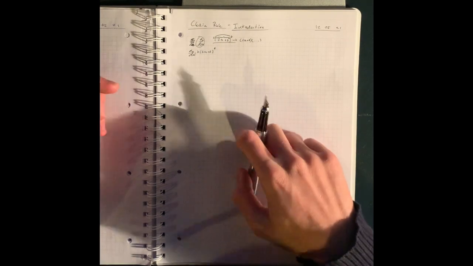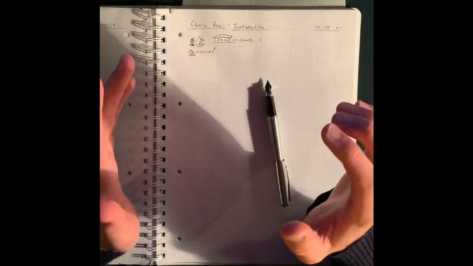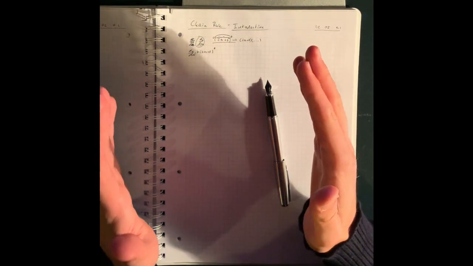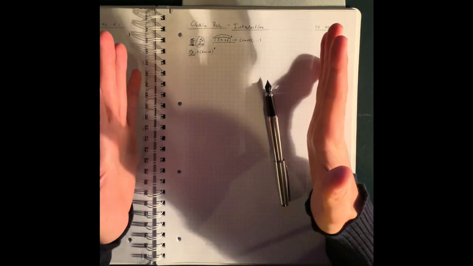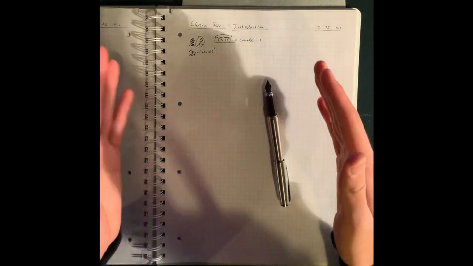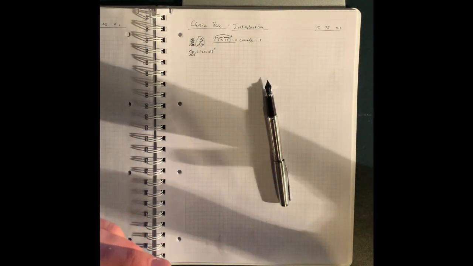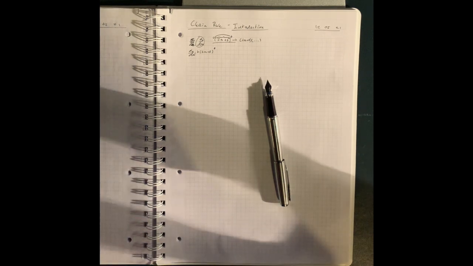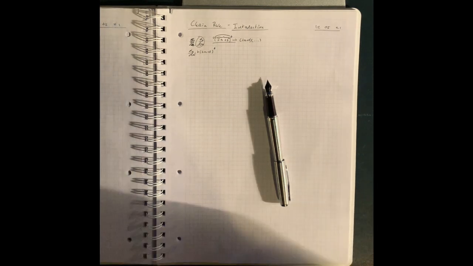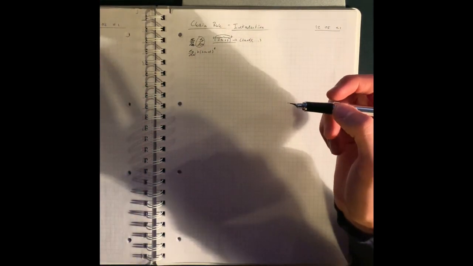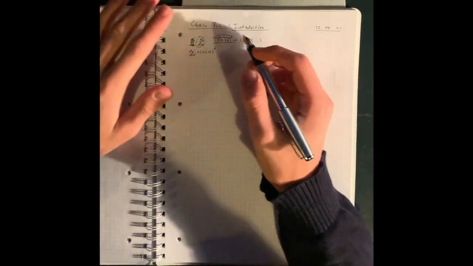So kind of the inside thing, the thing that you start looking at first. Something that has something done to it first is the innermost function. That might be a little bit convoluted, but just stay with me here.